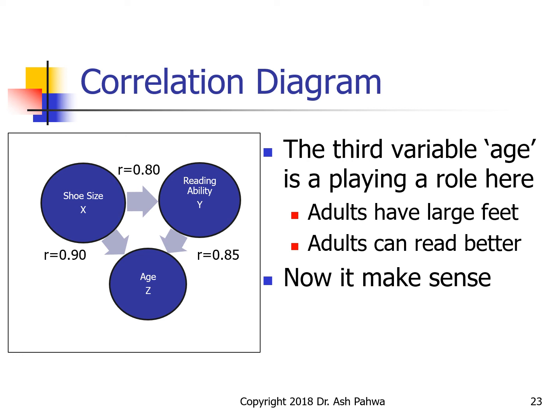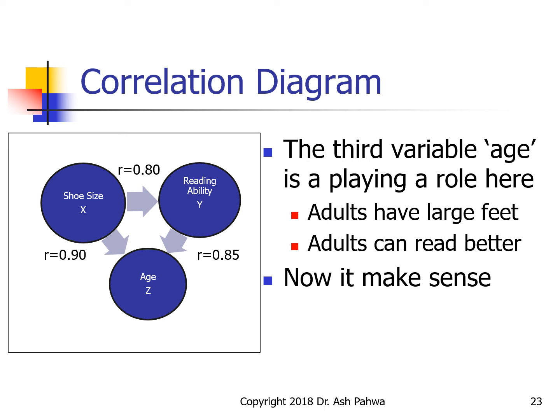If you look into this data more carefully, you will see that there is a third variable, age, and there is a strong correlation of shoe size and age. Of course, it makes a lot of sense, because as the person ages from child to adult, the shoe size is going to increase. Similarly, the reading ability and the age are also very strongly correlated, because kids don't read as well as adults.